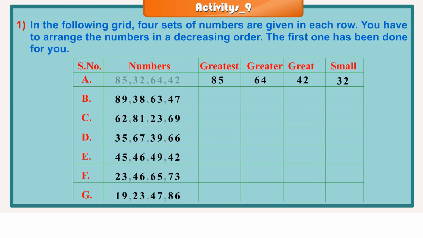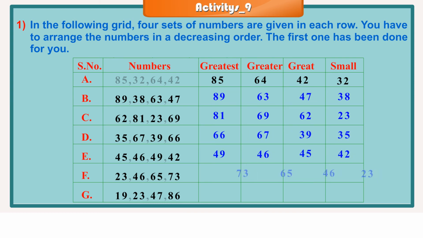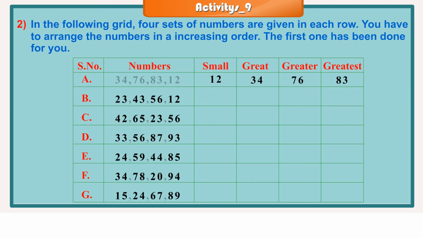Activity 9. 1. In the following grid, 4 sets of numbers are given in each row. You have to arrange the numbers in decreasing order. The first one has been done for you. 2.